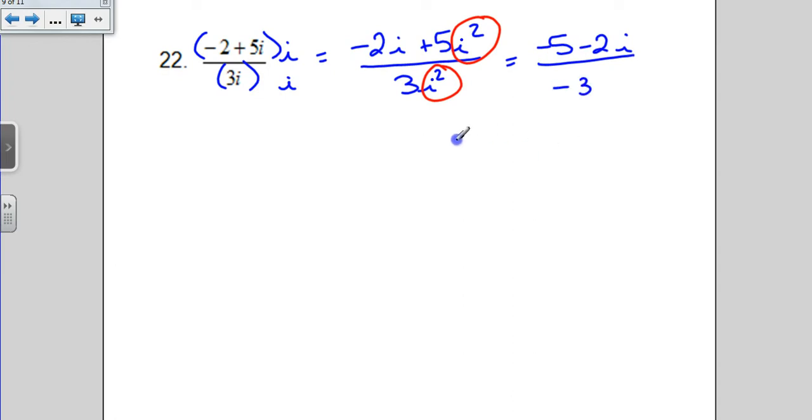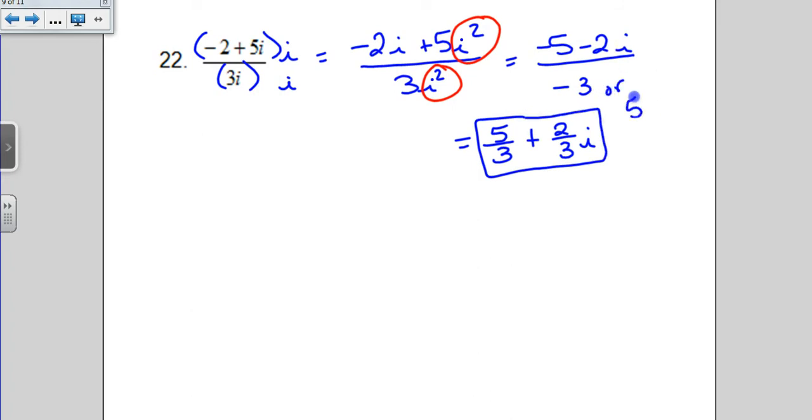That's a good answer, but the ACT answer, if I distributed the negative 3 to everybody, would be 5/3 plus 2/3 i. And notice how all the negatives end up canceling. You could have also done this in this other format. You could have canceled out all the negatives and written it like so. So I like all these answers. I like this one the best because that's what the ACT is going to want you to do.